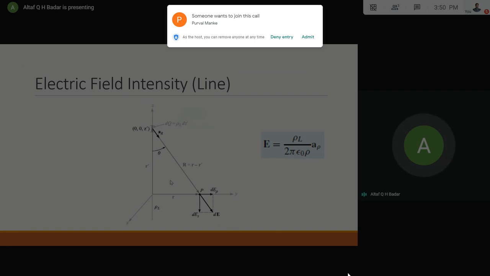So if you just have a look, we have taken a very small distance here on the Z line, from here to here. Then from the center point we draw a line to P, which is the place where we are going to find E. Based on this R, I know the value of R, and I can find the value of rho also.